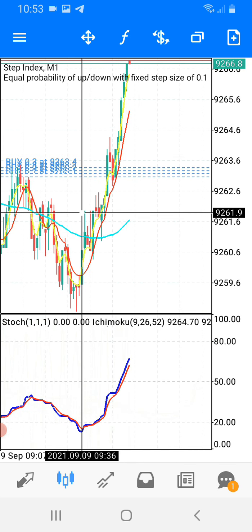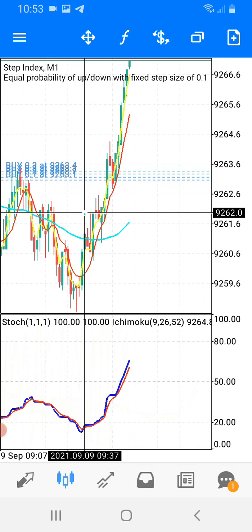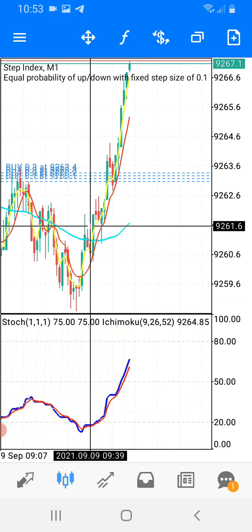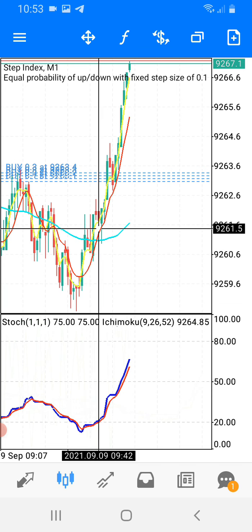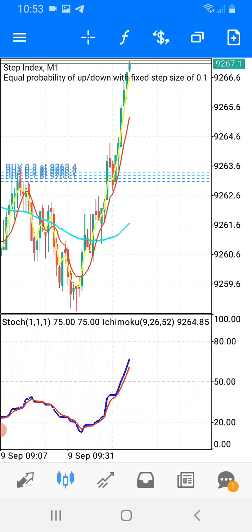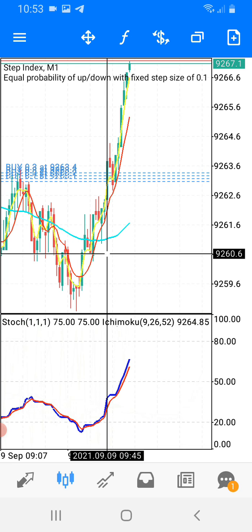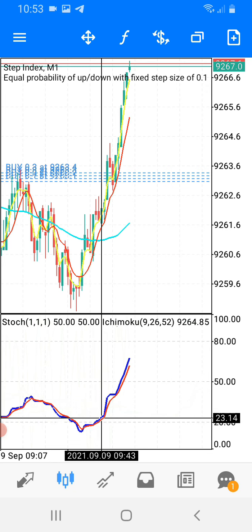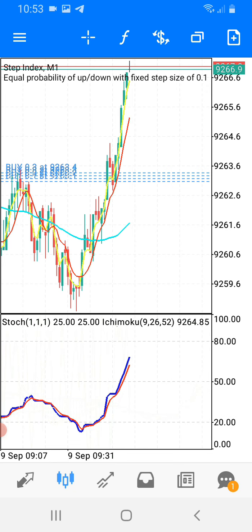Condition 1. Then condition 2 is that the yellow moving average has to be above the red moving average. Then condition 3 is that this moving average should be at the oversold level for a buy position.